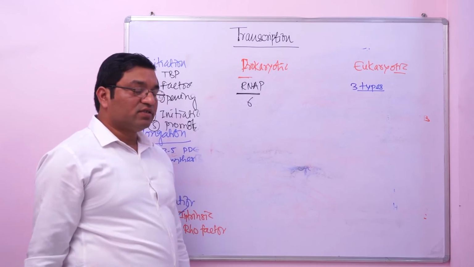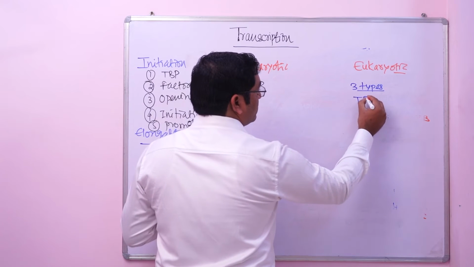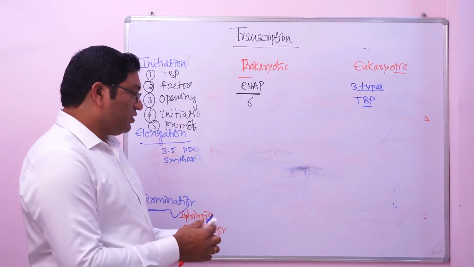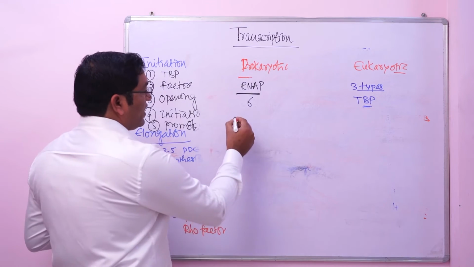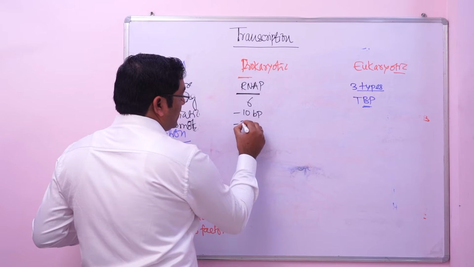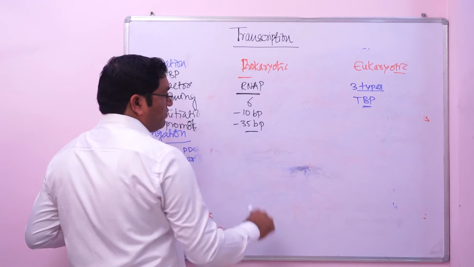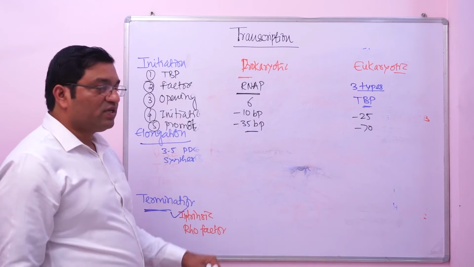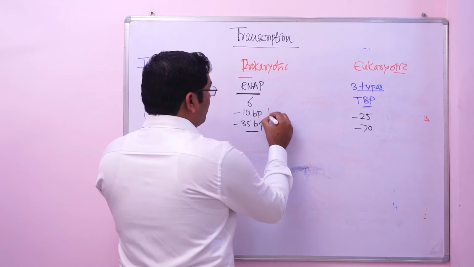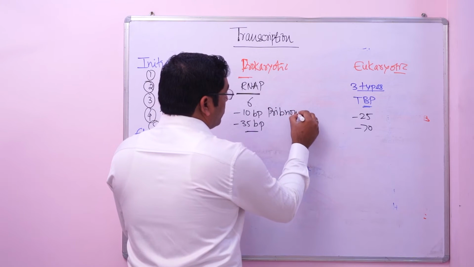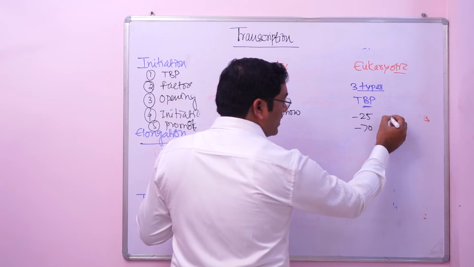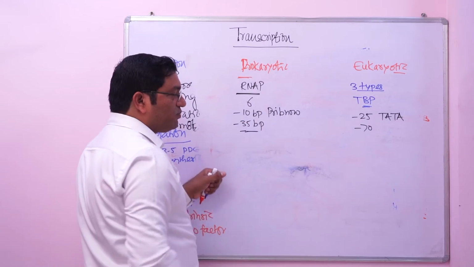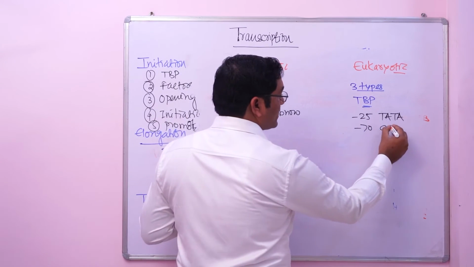In the mRNA synthesis, the TATA binding protein initially attaches with the promoter region. In the promoter region, prokaryotes have -10 and -35 base pair sequences, while here -25 and -70 base pair sequences. It is known as the Pribnow box, while here it is known as the TATA or Goldberg-Hogness box. There is a -35 region in the prokaryote, here a -70 region, which is known as the CAT box.